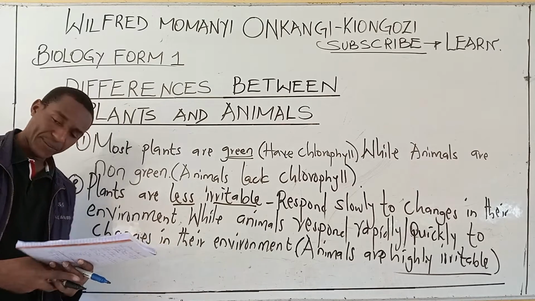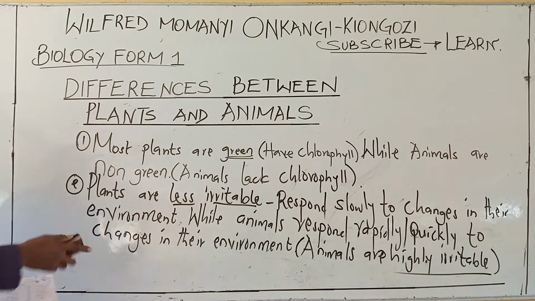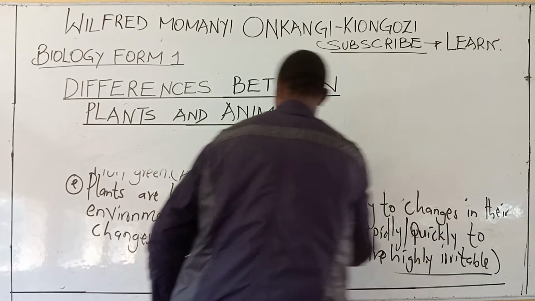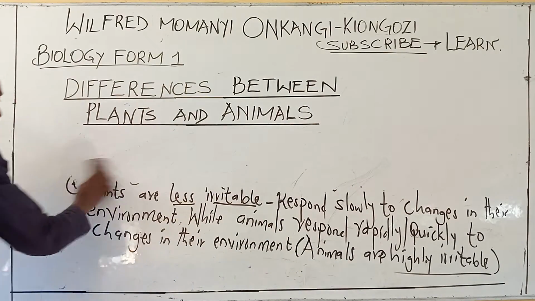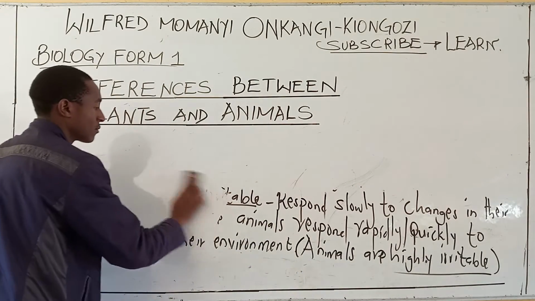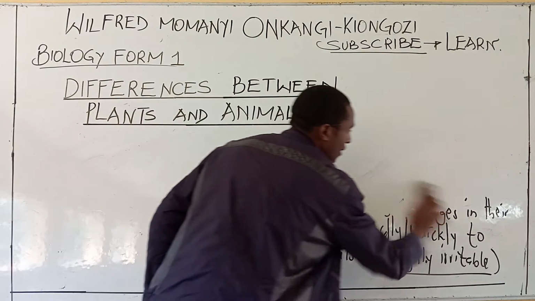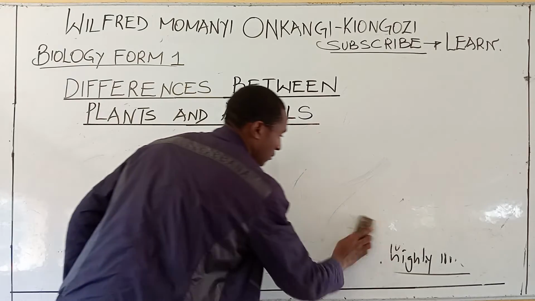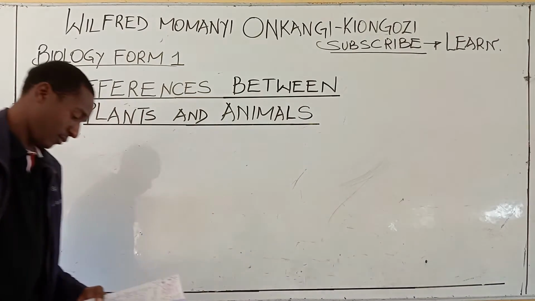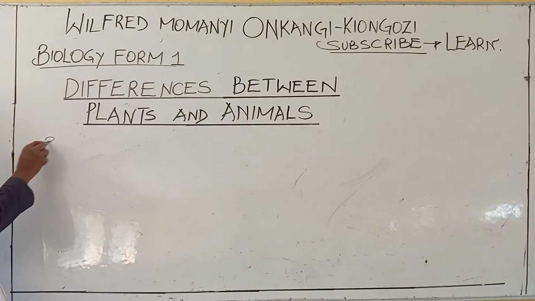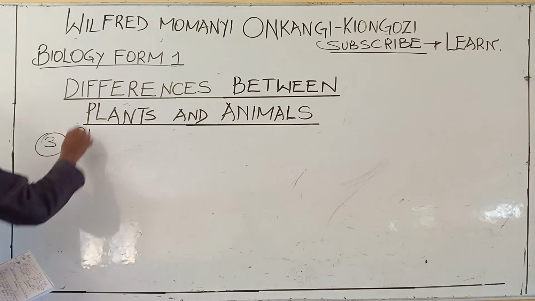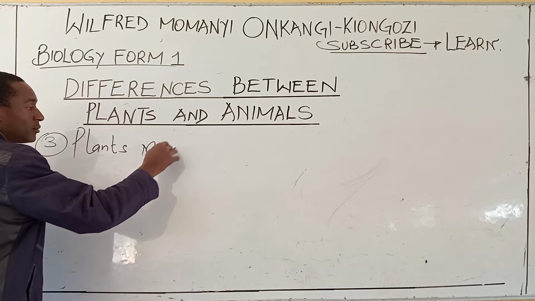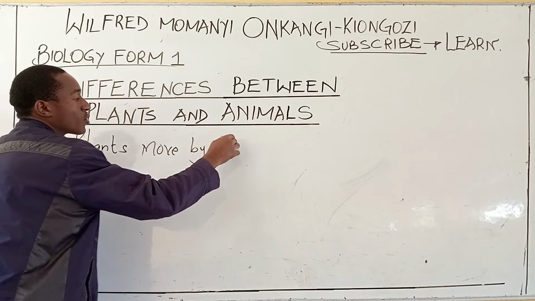Difference number three, movements. Movement and locomotion. Number three, plants move by growing.